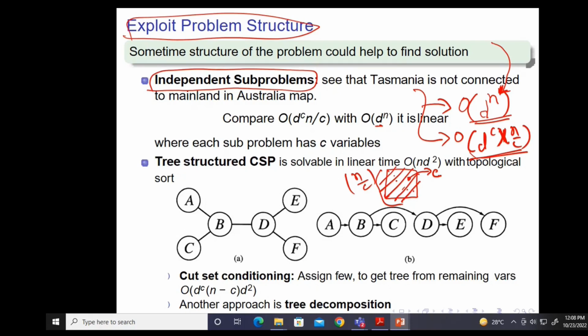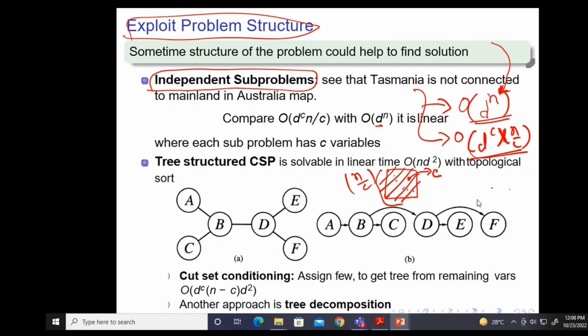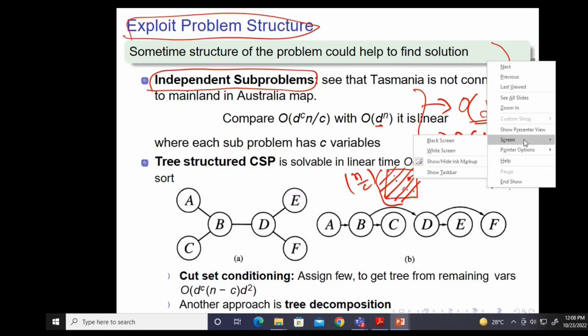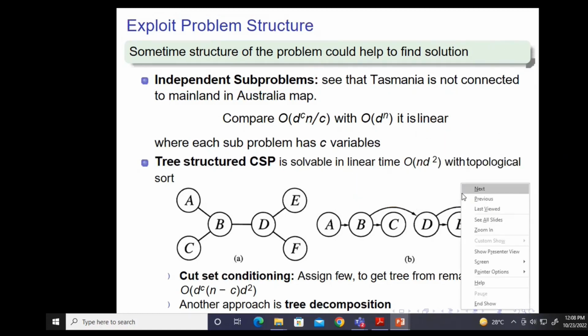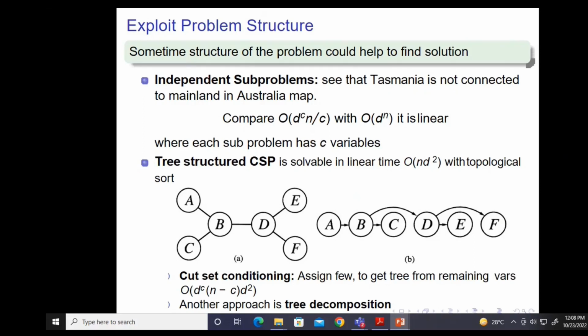Another method, there is one more method. For example, you want to find the solution for this kind of situation.